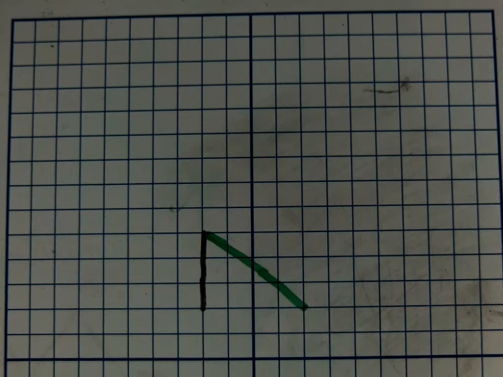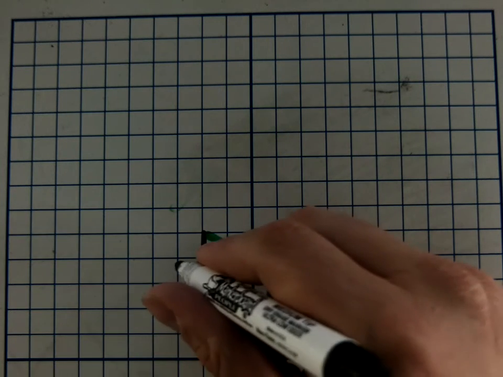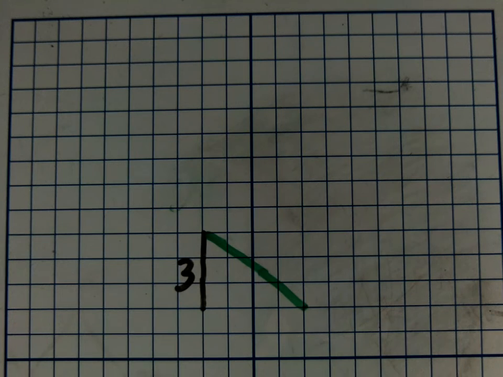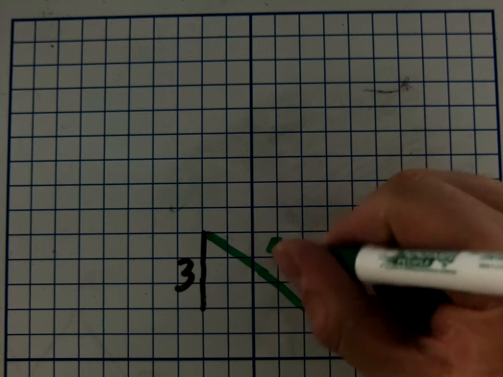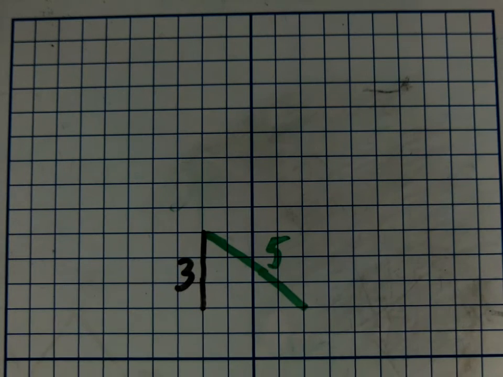So the shorter length is called the leg, and the longer length is called the hypotenuse. The missing leg here at the bottom is what we're going to find the length of.